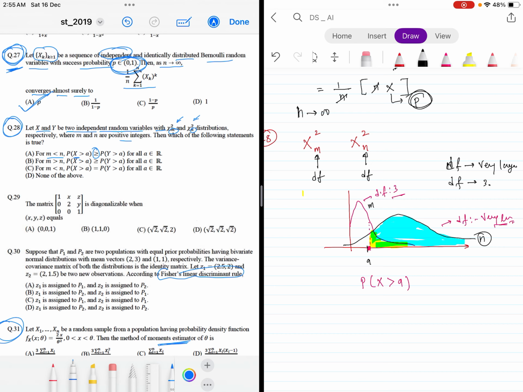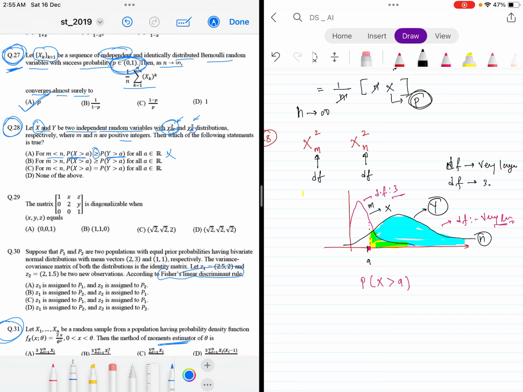So x is the distribution with the smaller degree of freedom, and y is the distribution with the higher degree of freedom according to option A, right? And if you check, y has the larger area, but it is saying that it has less, so this is the incorrect one.